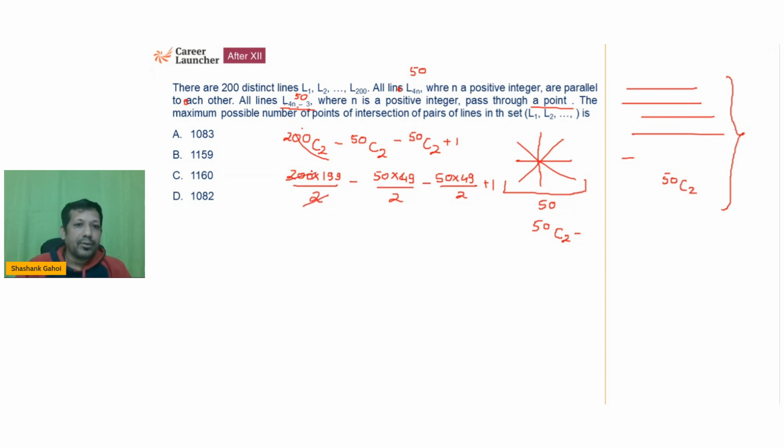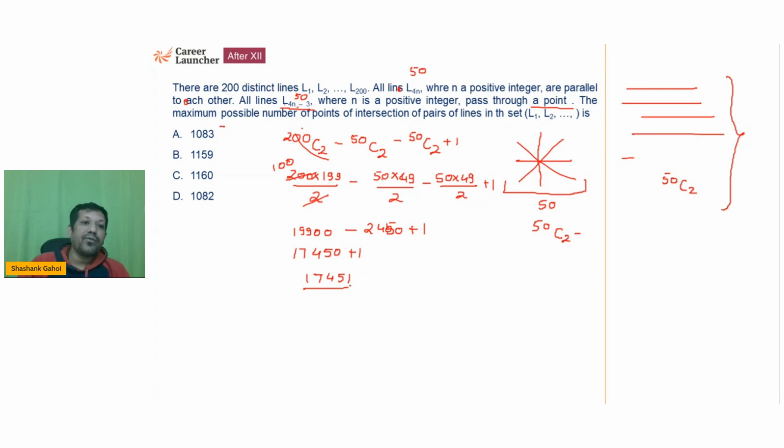Now this is going to be 19900 minus 50 into 49, that is 2450, minus 2450, plus 1. So the total answer of this question comes out to be 17,451. And this is the actual answer of this question.